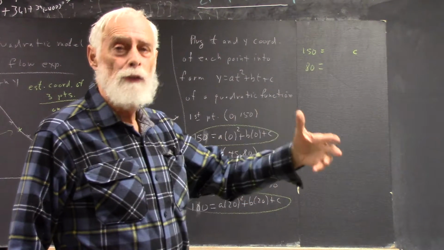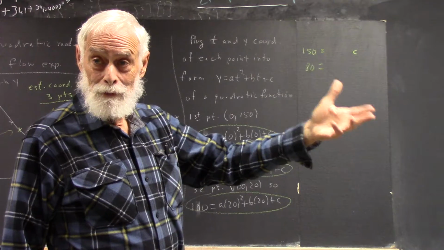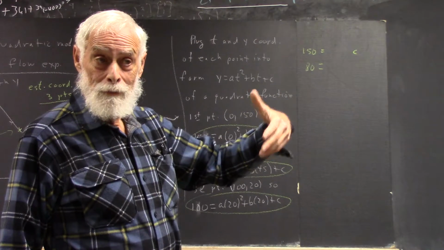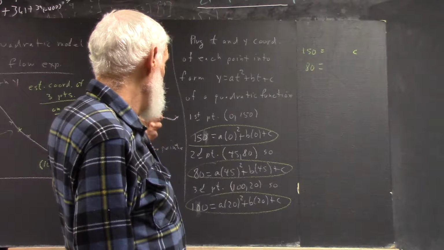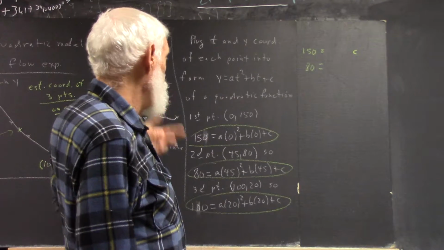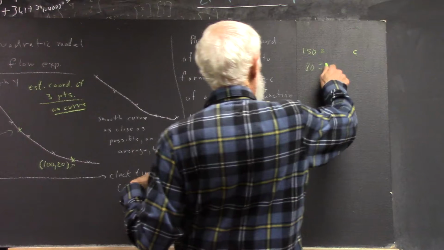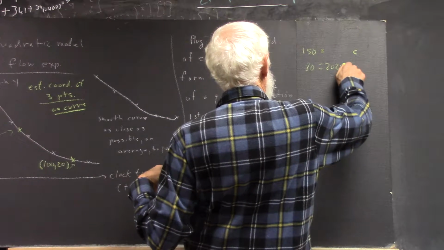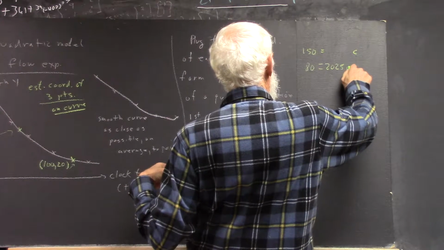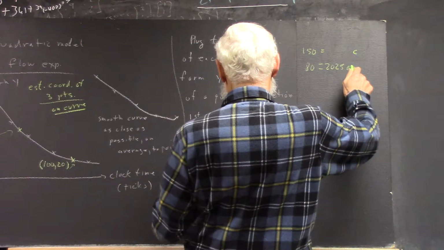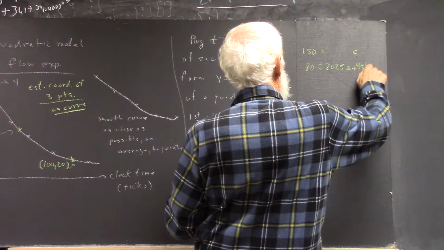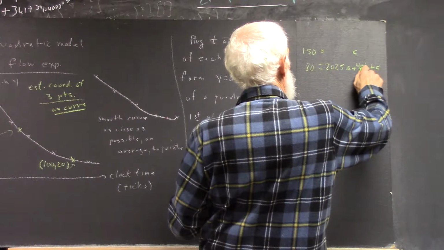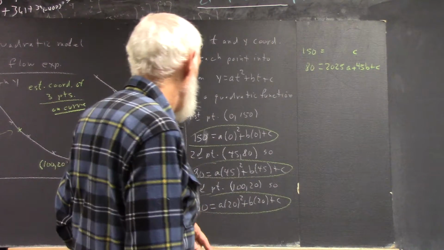It's 40 plus 5 squared, right? 40 squared is 1600, 5 squared is 25, and 2 times 40 times 5 is 400, so it's 2025. So that's 2025A plus 45B plus C.